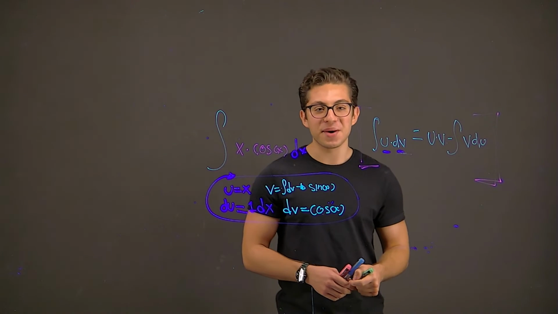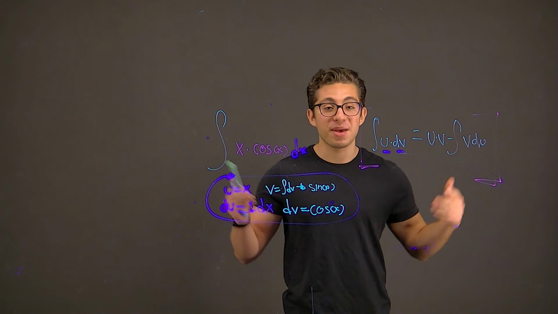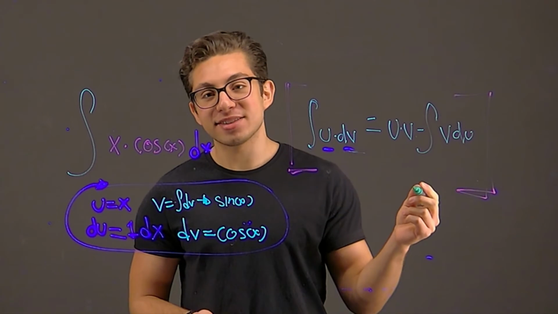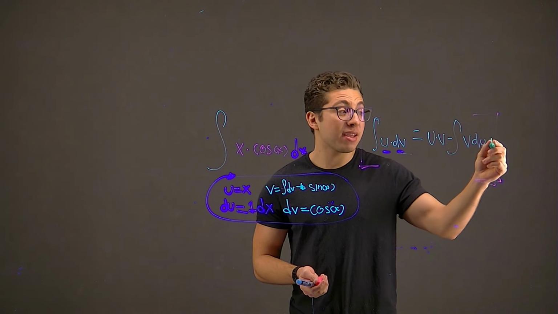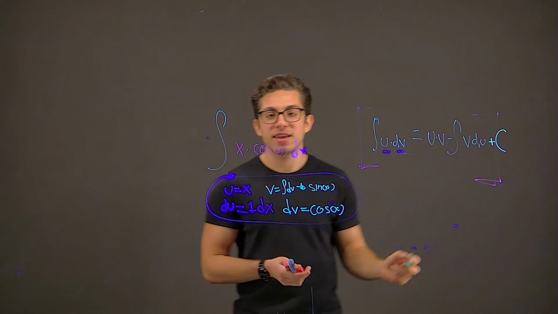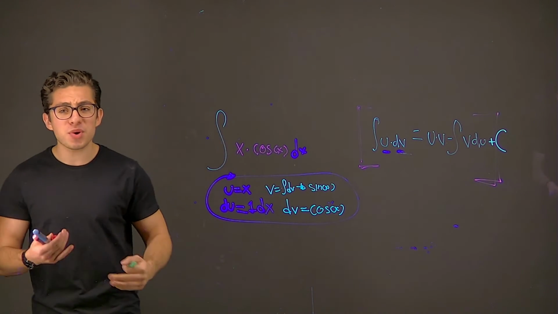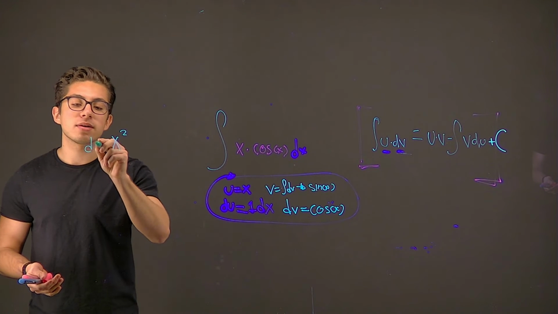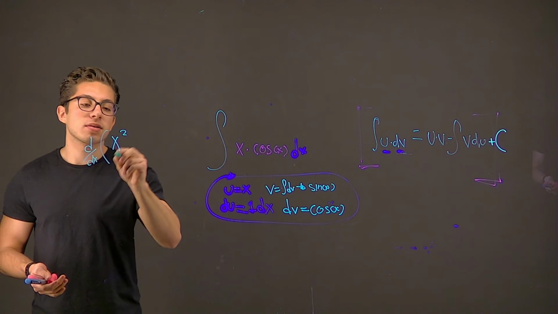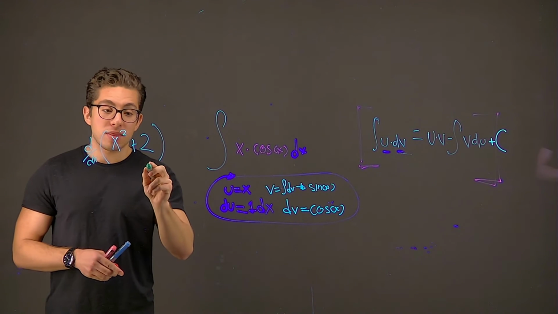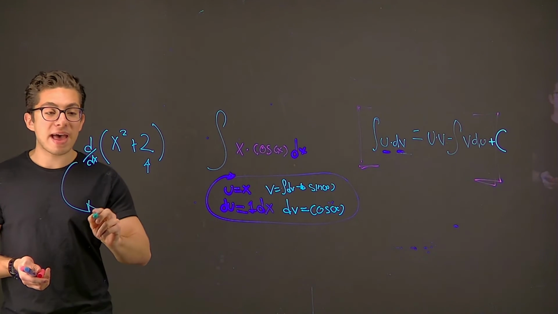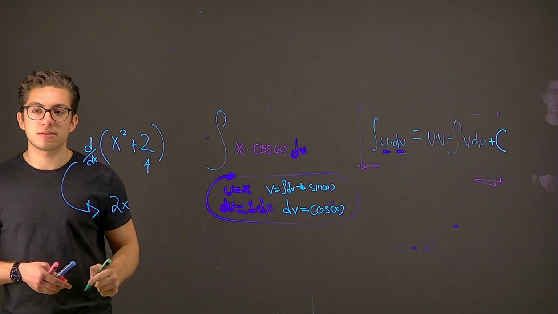Let's do it. Take note that I forget a lot, but probably, I hope, you won't forget it: the constant of integration. Every integral should have it. Plus c. Because when we are deriving things, for example, when we derive x squared plus 2, this thing is going to get lost, because as you know, the derivative of that would be 2x.